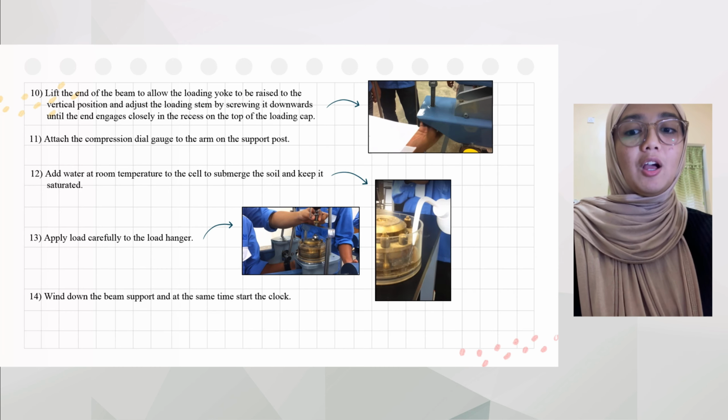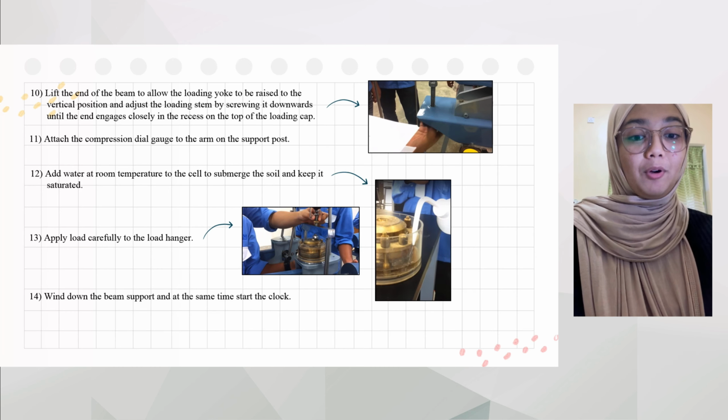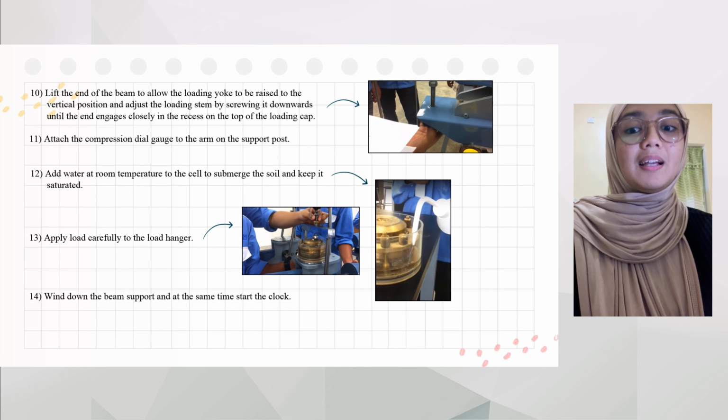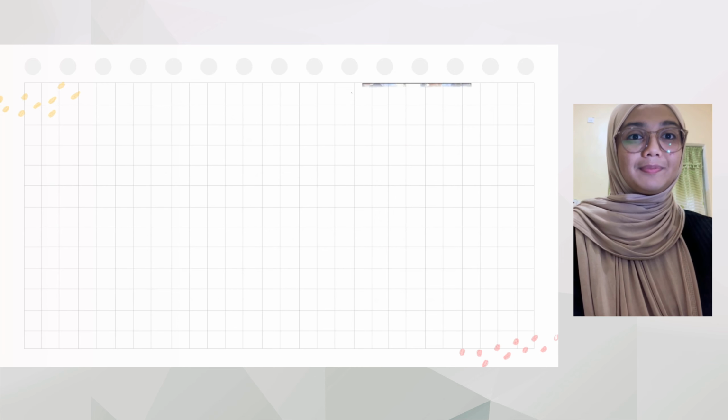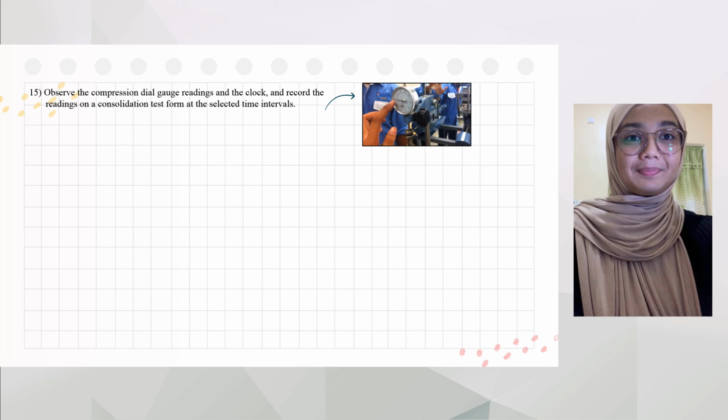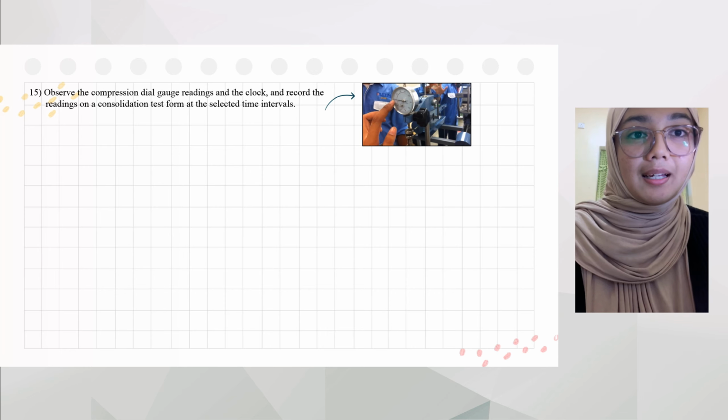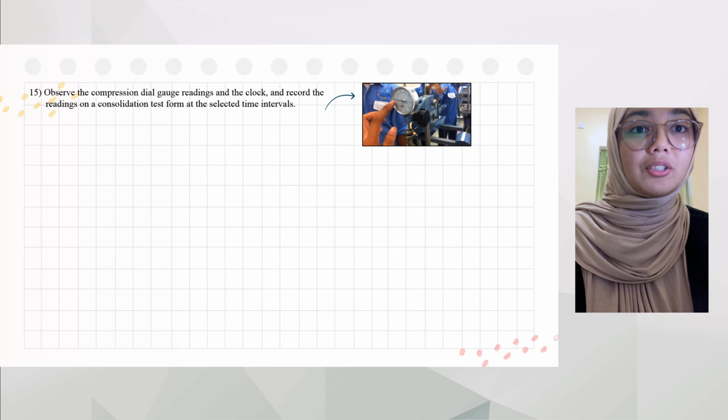Number 14. Wind down the beam support and at the same time start the clock. In addition, observe the compression dial gauge readings and the clock and record the readings on the consolidation test form at the selected time intervals like the picture on the side.